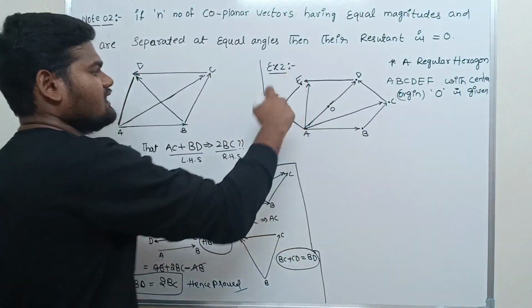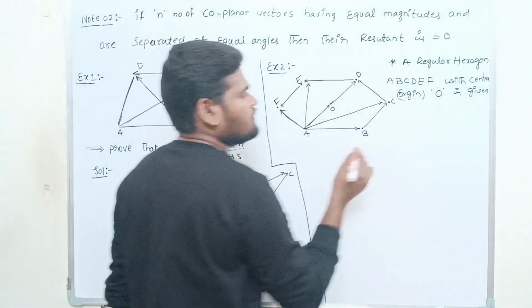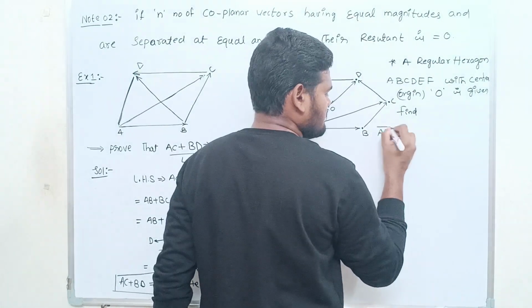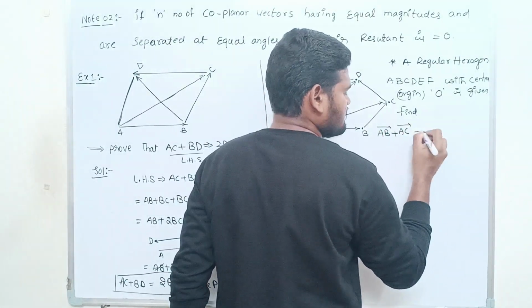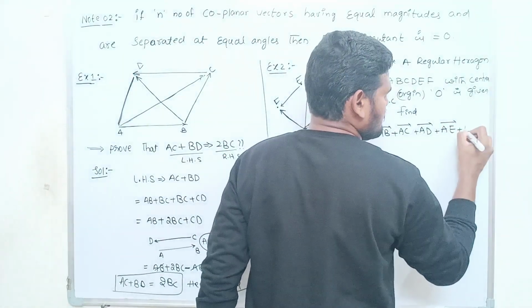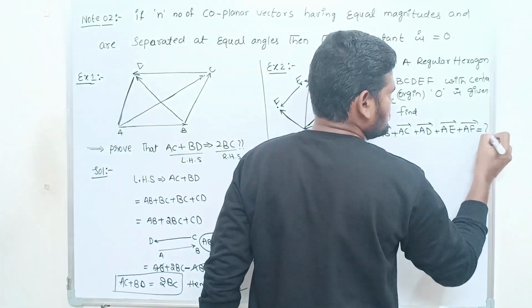Find AB, AC, AD, AE, AF is equal to how much?